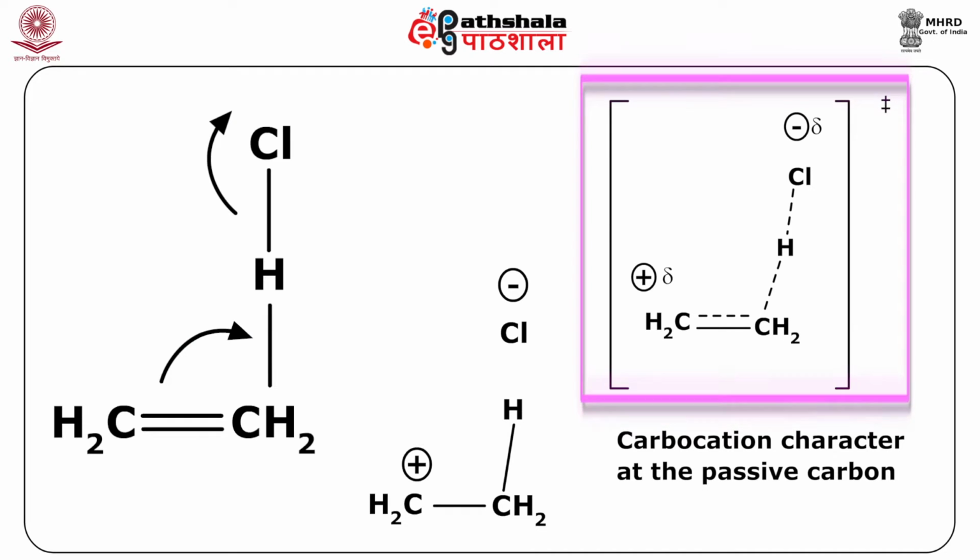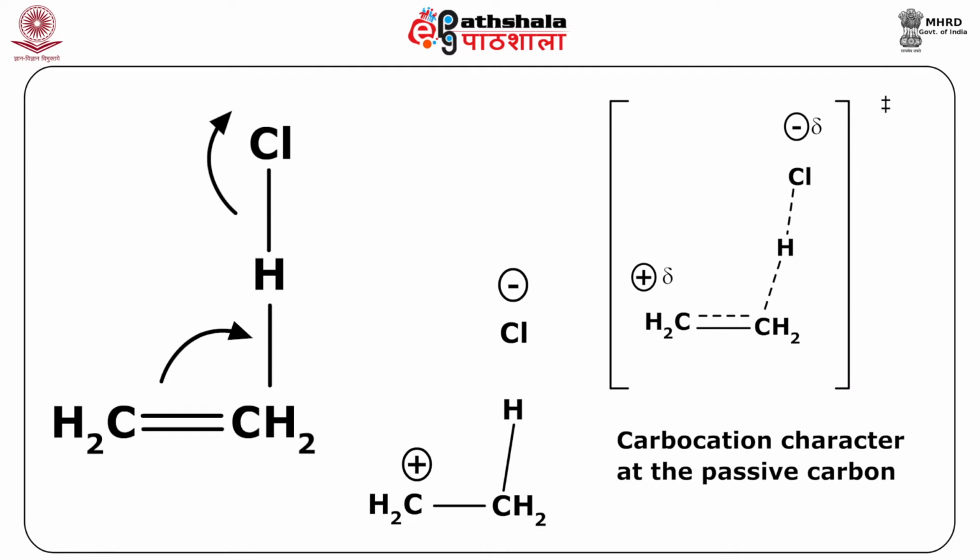Now, this is represented as a full line for the sigma bond and a dashed line for the partial pi bond. Now, the new C-H bond made and the H-Cl bond in the transition state is between no bond and a single bond. It is represented by a partial bond, that is a dashed line or a dotted line.